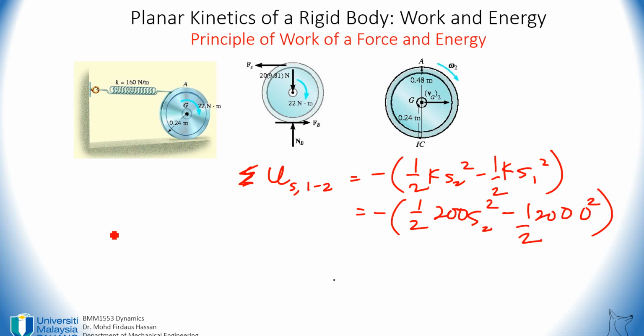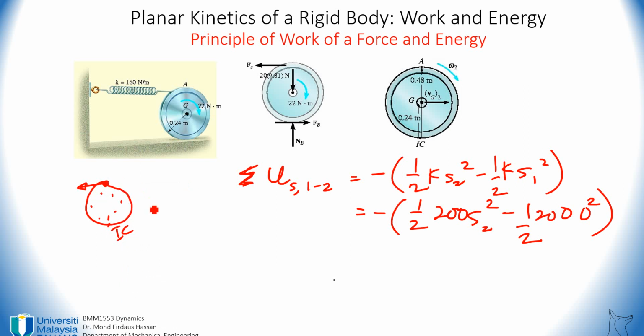S2 here, as we discussed, this is the IC. So for any point on this rigid body, similar to the force acting due to the spring at this point, we can calculate its velocity, its displacement and everything.